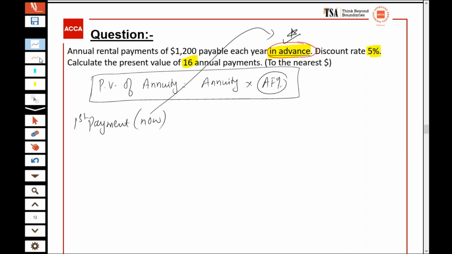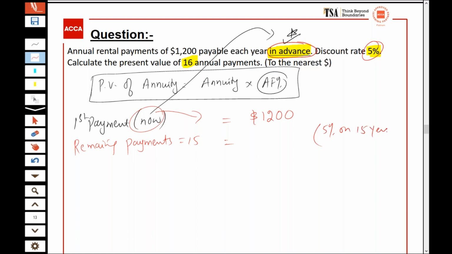So if something is paid now, the present value is already 12,000. Now, how many remaining payments are there? The remaining payments are 15. So we will be using the discount rate of 5% on 15 years.